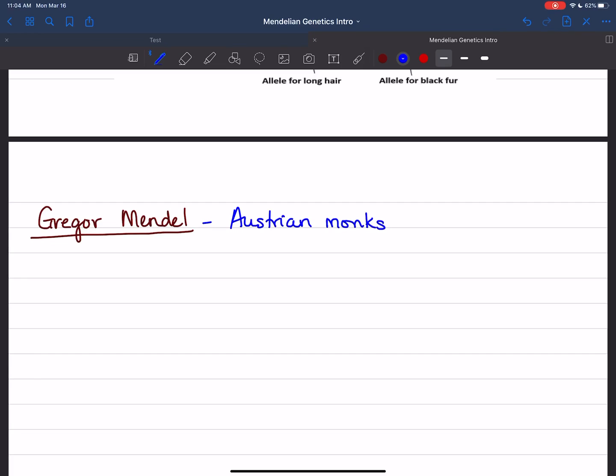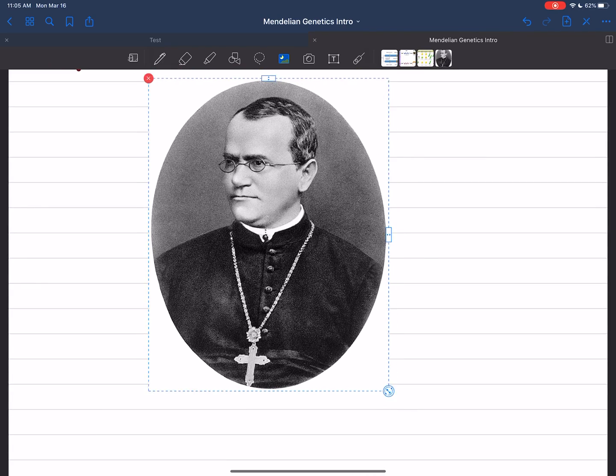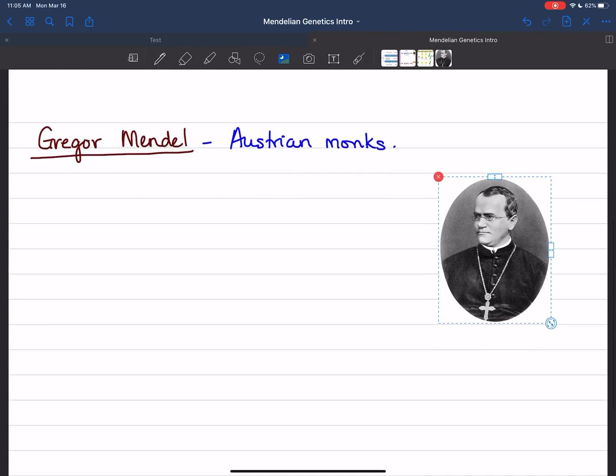And he started doing experiments with the common garden pea. And he did all of these different hybridization, or crossing studies, by pollinating different plants. Okay, so that's what he was interested in. I will show you a picture now of Gregor Mendel. So we'll put that in there for you guys to see what Gregor Mendel looked like.